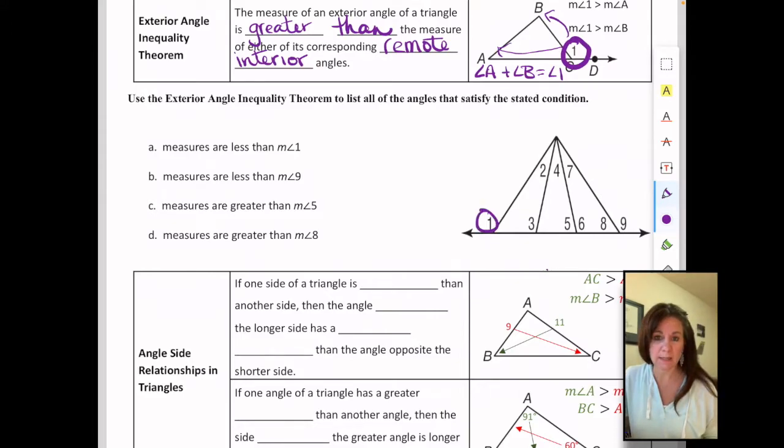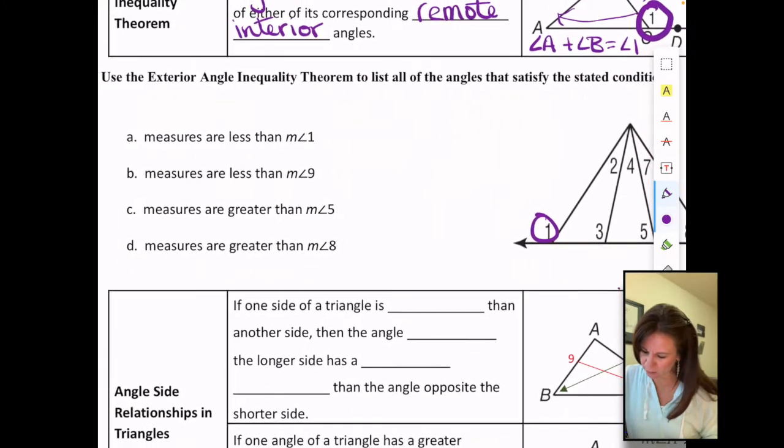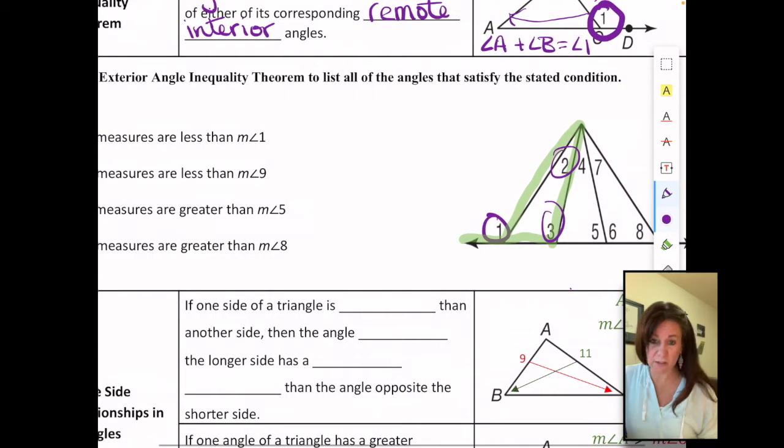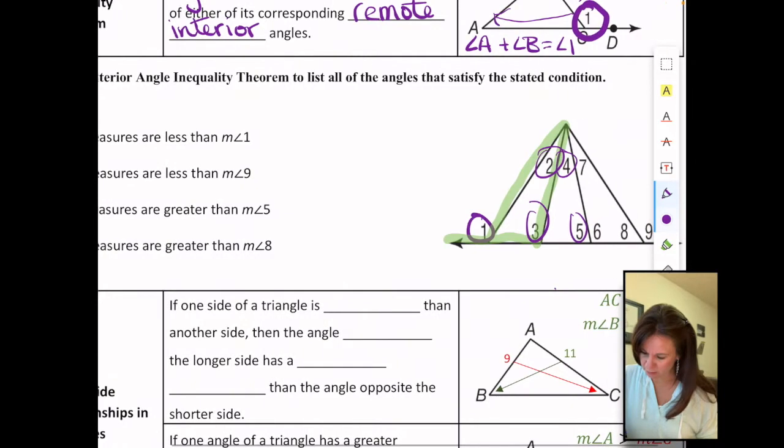Well, angle 1 is an exterior angle, so we have to find any remote interior angles. There's a lot of triangles going on here, so let's just see if we can find some remote interior angles to angle 1. Well, we've got that triangle right there. So 2 and 3, and then the one that's just next to it, 4 and 5, and 7 and 8.